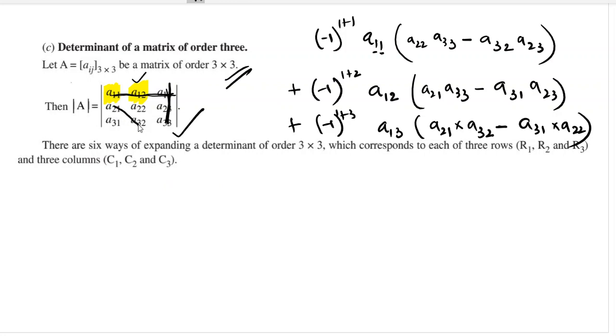This multiplied by this minus this multiplied by this. So you understood the idea of expansion for finding the determinants of order 3.